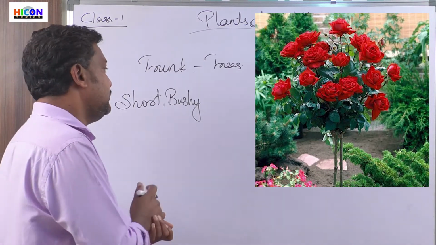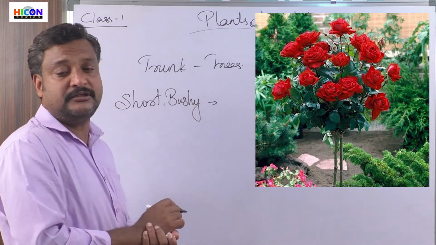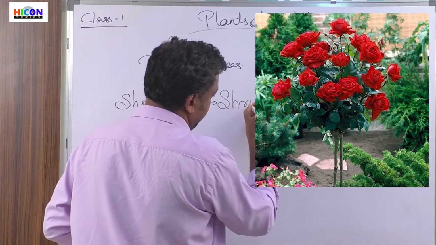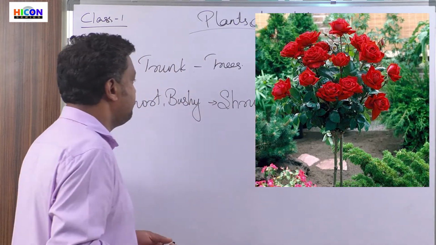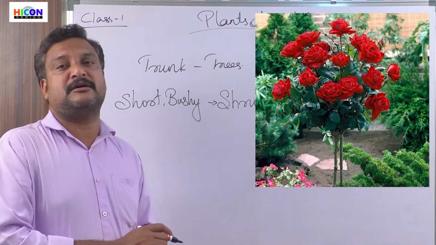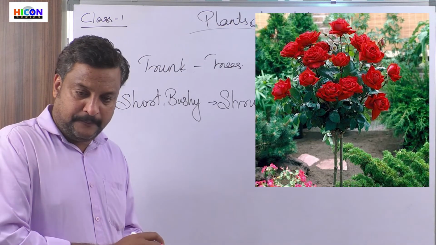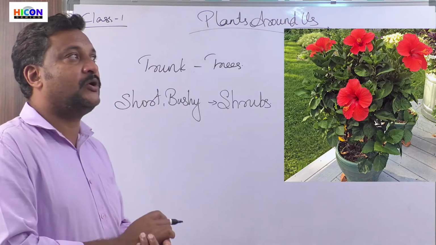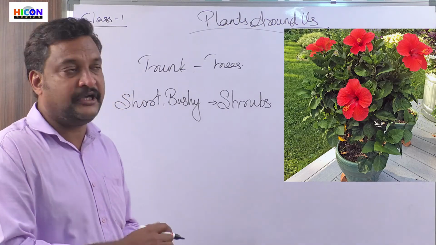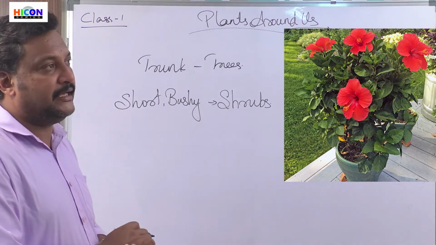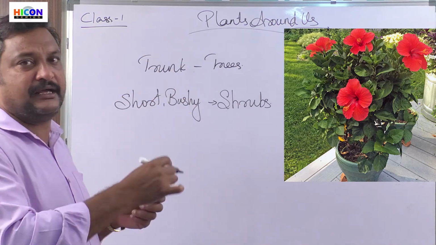So short, bushy plants with thin stems are called shrubs. What do we call them? Shrubs. A rose plant is a very good example for a shrub, and another is hibiscus. We usually call it a shoe flower. Look at this. This is a hibiscus plant or a shoe flower plant, and it also has many branches.